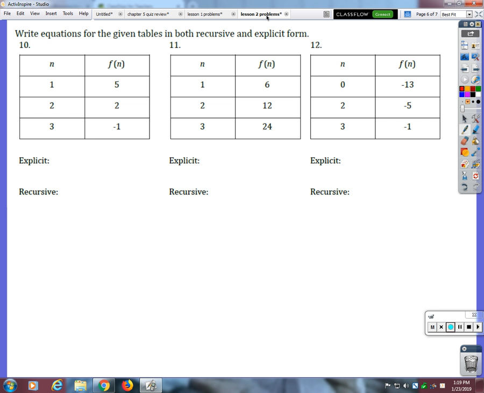Okay, let's toss on top of that, coming up with an equation for both a linear and an exponential from a table. Okay? You do know the recursive and not the explicit? Okay. So maybe I could let you choose one or the other? Maybe.